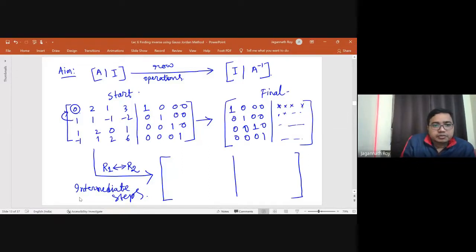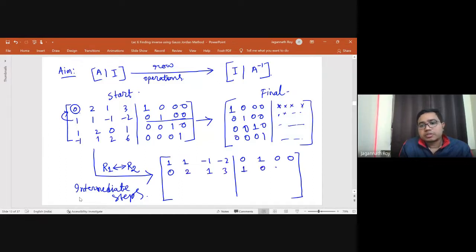If you shift it, it becomes 1, 1, minus 1, minus 2, then 1, 0, 0, 0 on the right. Similarly, we shift the other part, and row 2 becomes 0, 2, 1, 3, 1, 0, 0, 0. We write the other rows as usual: 1, 2, 0, 1, 0, 0, 1, 0; then minus 1, 1, 2, 6, then 0, 0, 0, 1.